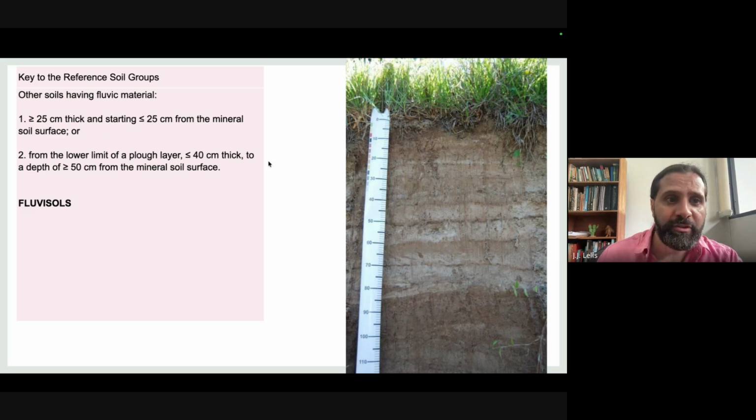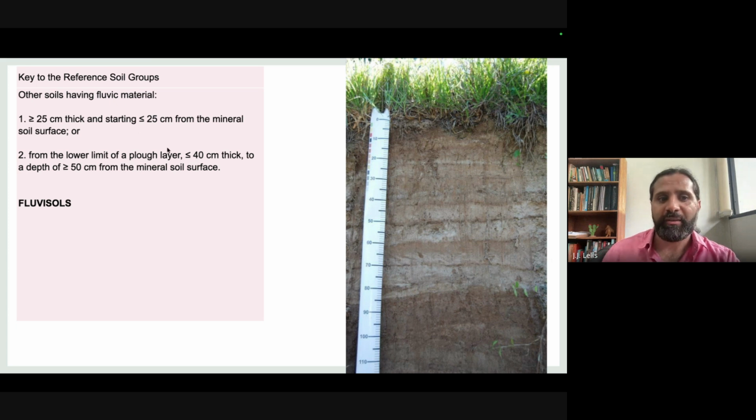Okay, so these fluvic materials should have a minimum thickness of 25 centimeters, and they should start at least at 25 centimeters of depth, or even less than this. Or from the lower limit of a plow layer, they should register a thickness equal to or higher than 40 centimeters, and they must be in the first 50 centimeters from the mineral soil surface.